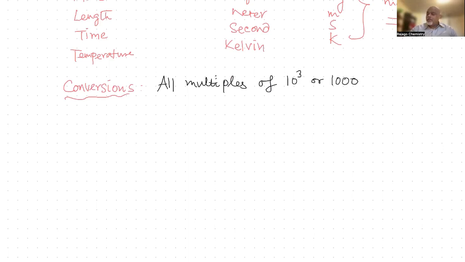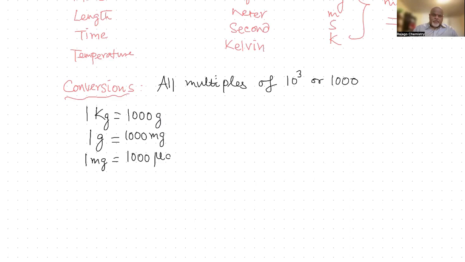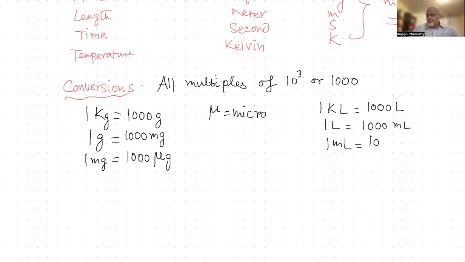You have to remember this all the time. 1 kilogram is 1000 grams. 1 gram is 1000 milligrams. And 1 milligram is 1000 micrograms. This is a symbol called micro. The same thing: 1 kiloliter is equal to 1000 liters. 1 liter is equal to 1000 milliliters. 1 milliliter is equal to 1000 microliters.